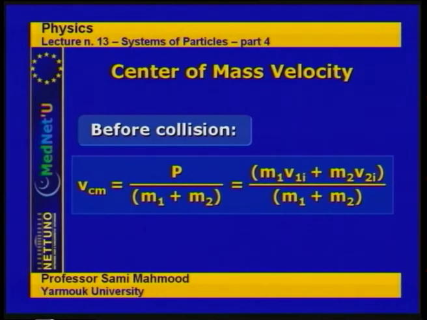We can evaluate the center of mass velocity before the collision very simply, because we can use the formula which says the total linear momentum of the system consisting of the two colliding particles is equal to the total mass of that system, which is m1 plus m2, multiplied by the velocity of the center of mass of that system.